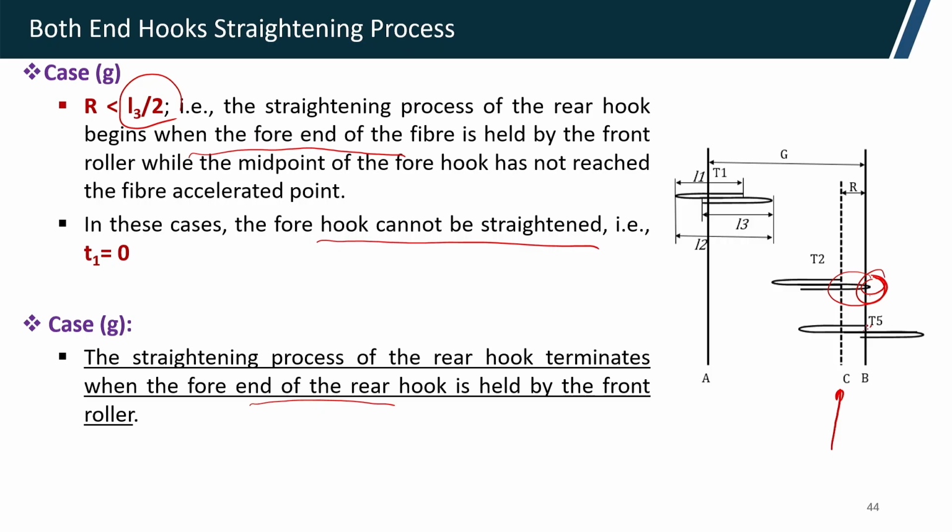Here at this point, in the case of the rear hook also, before the midpoint is reached in the accelerating point, the fore tip of the rear hook has reached the front roller nip.